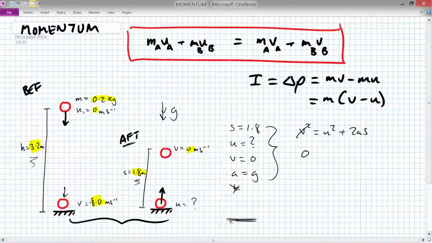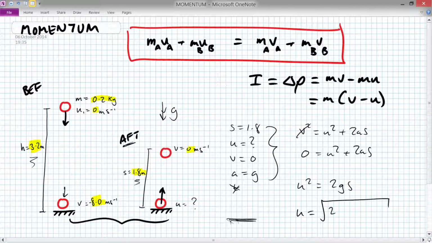So we end up with this, and if we do a bit of rearranging, we can see that u squared is going to be minus 2as. But I'm going to cancel the negative there by putting acceleration equal to minus 9.81. And that will give us that u is equal to the square root of 2 times 9.81 multiplied by the height it gains.